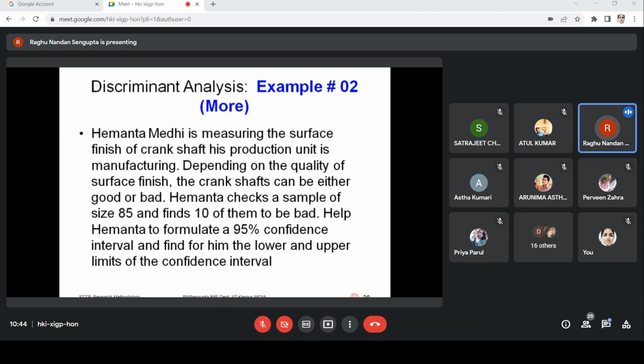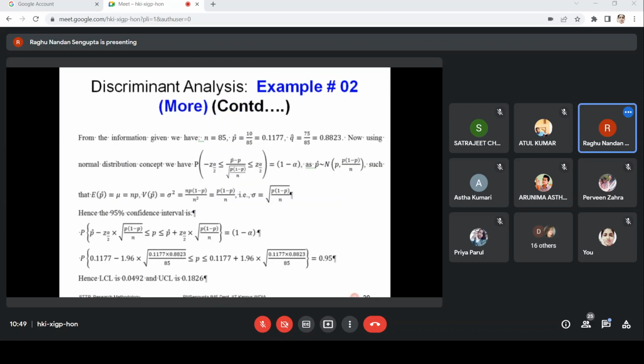It falls in category 2 if it is between 0.0492 and 0.1826. It agrees with the fact that your level of confidence is 95. That means you want to be sure that you meet your requirements 95 times out of 100 if you do that testing 100 times on average. And if the value is less than 0.0492, it falls in category 3.